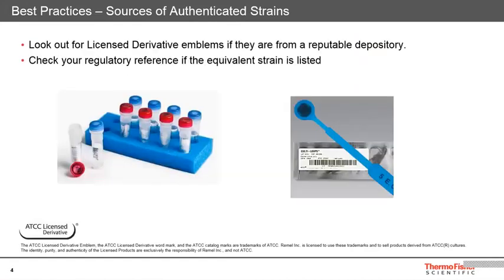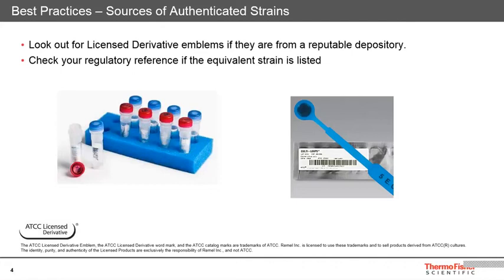When you're buying derivative cultures, make sure they're coming from the original cultures. You will see symbols like these, the ATCC licensed derivative. Commercial companies like THERMOFISHER always source strains from ATCC or NCTC to produce licensed derivatives that are noted in the regulatory standards.